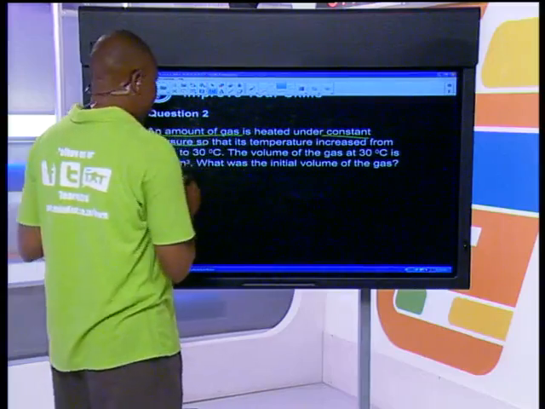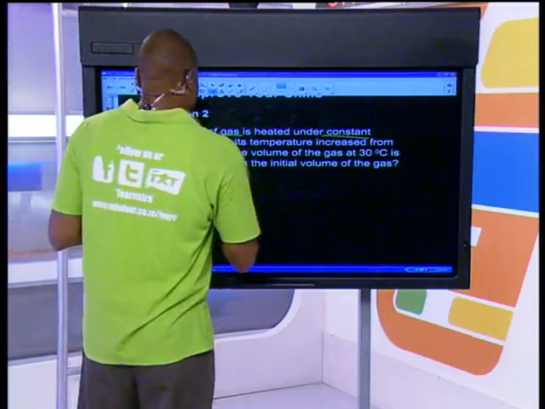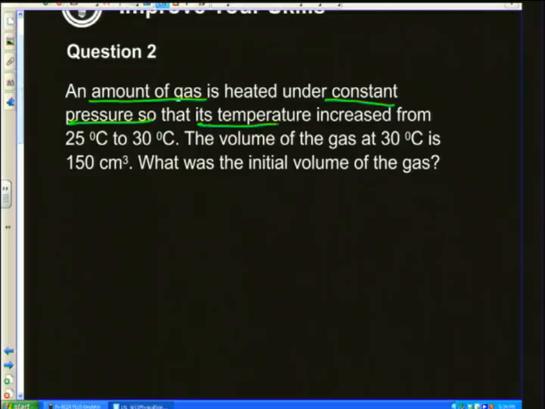So that its temperature increased from 25 degrees Celsius to 30 degrees Celsius. The volume of the gas at 30 degrees Celsius is 150 cubic centimeters. What was the initial volume of the gas?